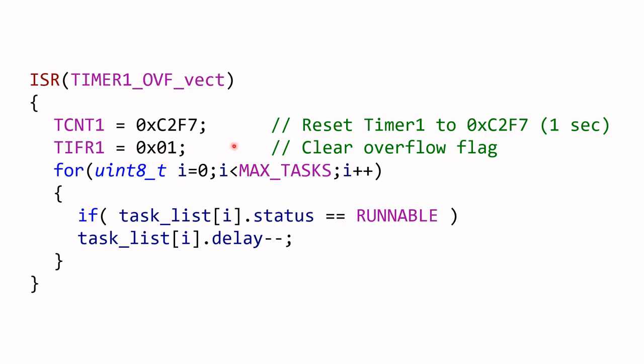Here we clear the interrupt flag, and here basically we check the status, and every time a tick occurs, the delay attribute of each task is decremented.